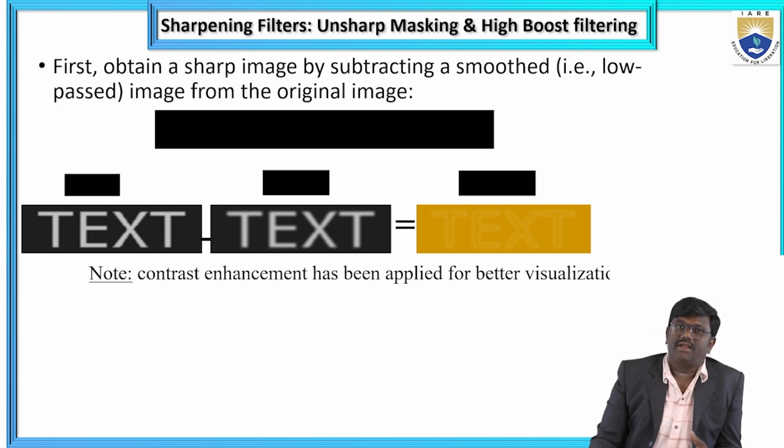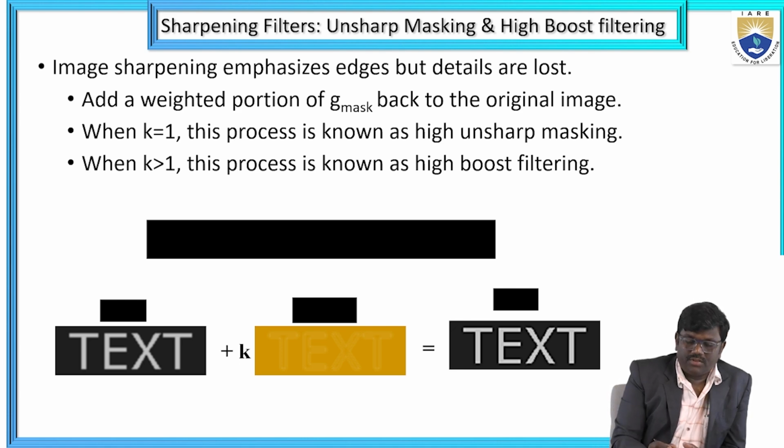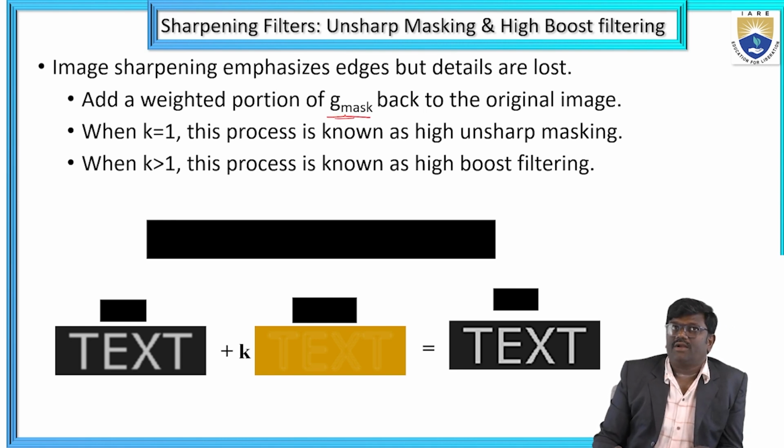Contrast enhancement has been applied for better visualization. Image sharpening emphasizes edges, but details are lost. So add a weighted portion of the g mask, that is the gray level of the image, back to the original image.